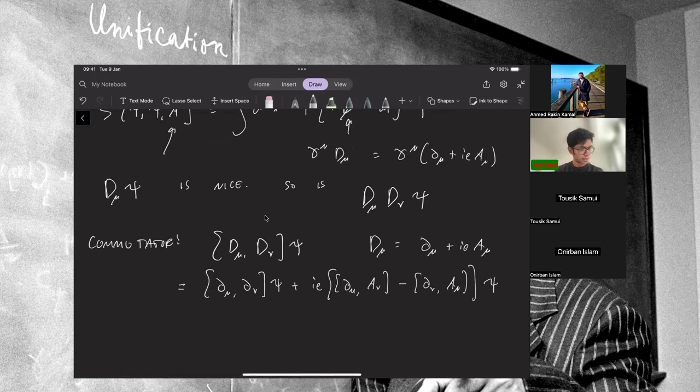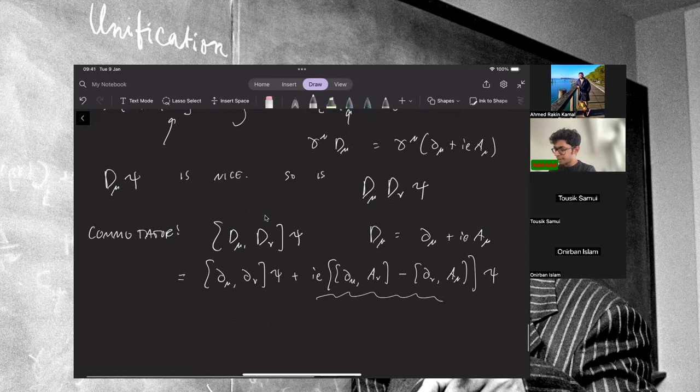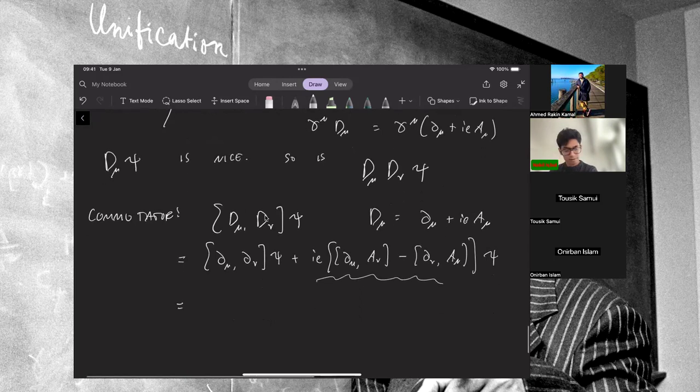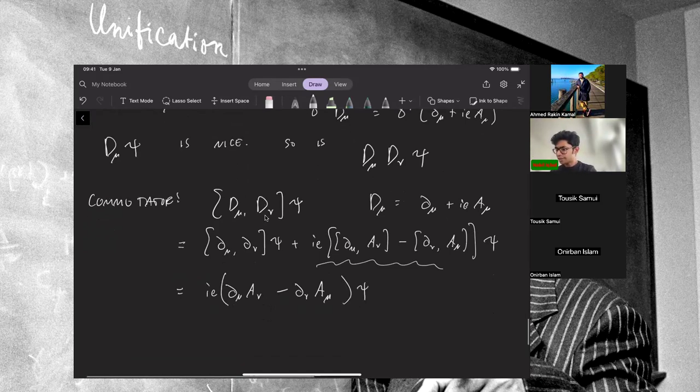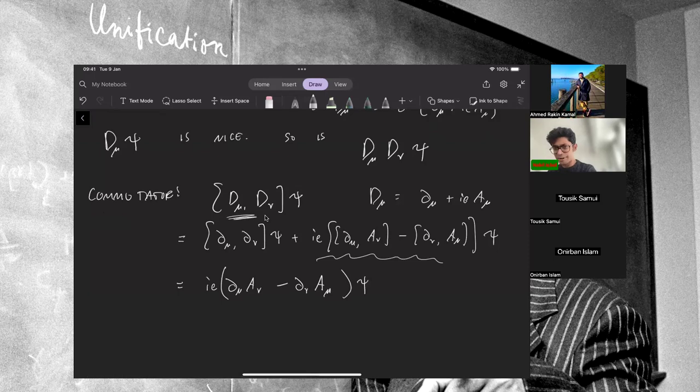And now if you work out what this is, this turns out to be i e, partial mu A nu minus partial nu A mu, acting on psi. So notice the commutator of covariant derivatives acting on psi isn't a derivative at all. It's just a number, okay? Just a function of this field A multiplying psi.